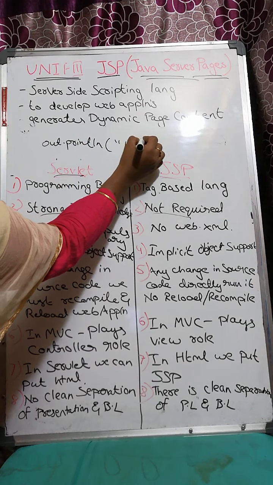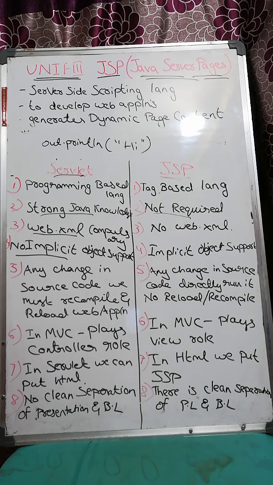For example, hi, I want to display on the console. So out is what? It is an object. Which type of object in the servlet? It is not an implicit object, it is an explicit object. What is the difference between implicit and explicit? Explicit means I have to create it, then only I can use it. Implicit means I did not create it, and I can directly work with it.